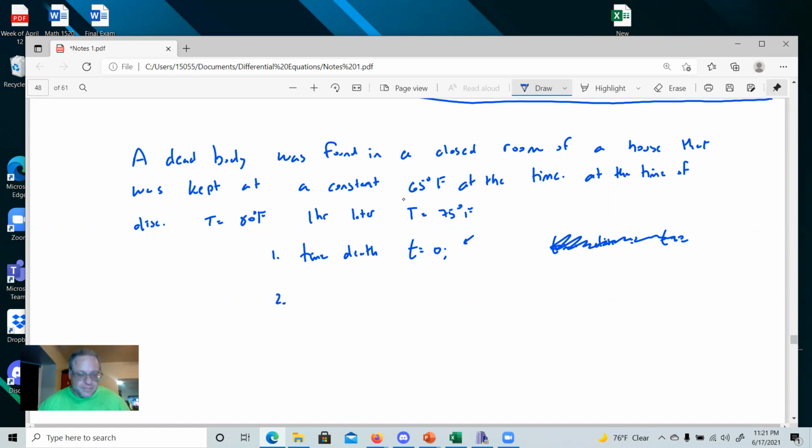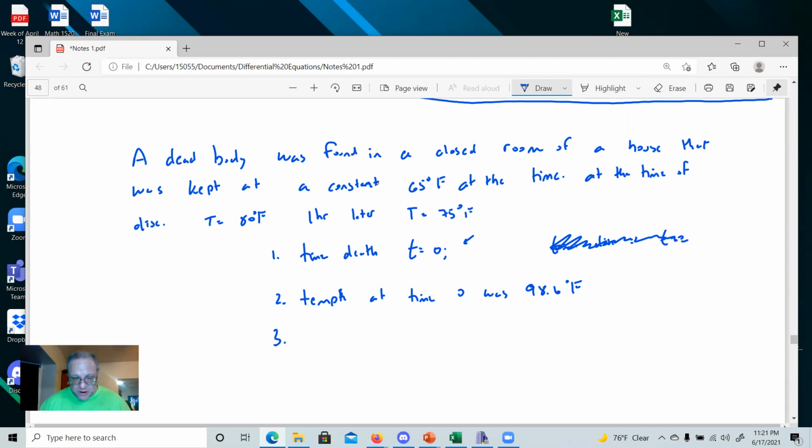Two, the temperature at time 0. I don't know how this person was killed or how they died, but the temperature at time 0, time of death, was 98.6 degrees Fahrenheit. So we're dealing with Fahrenheit here.